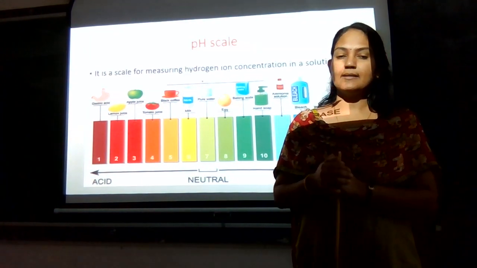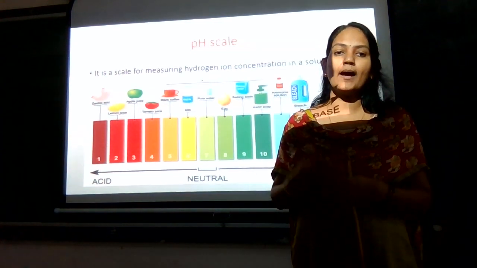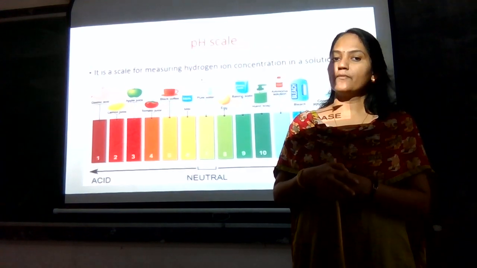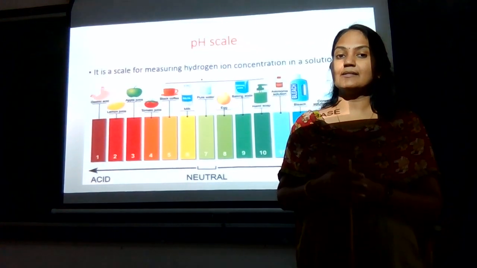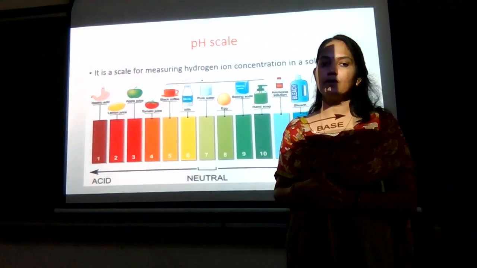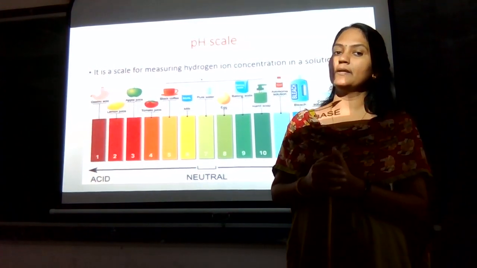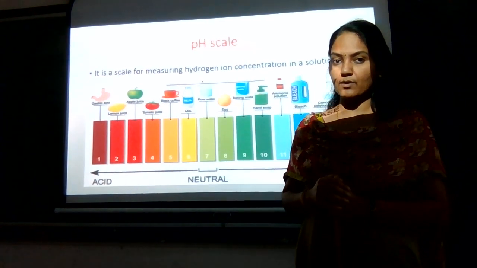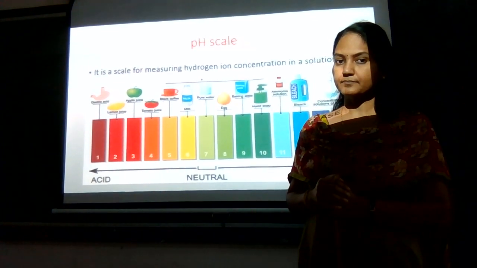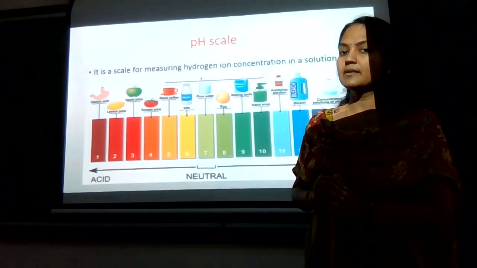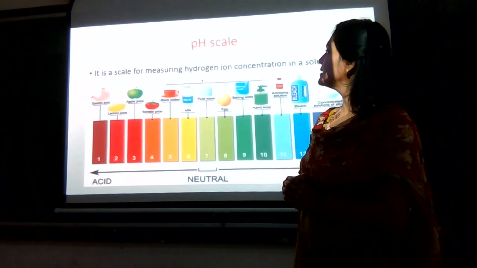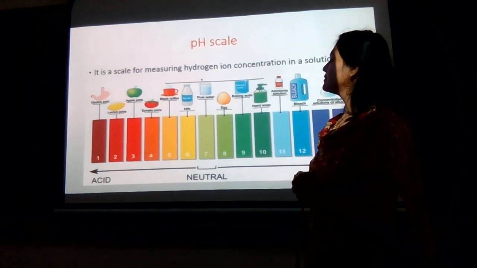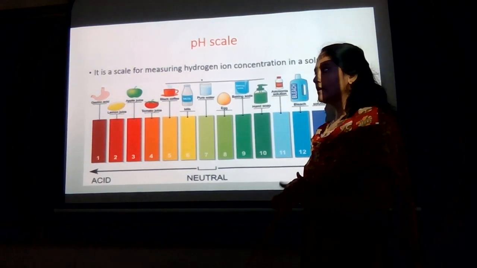Concentrated hydrochloric acid is a strong acid and produces more hydrogen ion concentration, whereas acetic acid or vinegar, which is a weak acid, contains less hydrogen ion concentration and produces only very few hydrogen ions. So, in order to compare these two solutions, we can make use of the pH scale. It is a scale for measuring hydrogen ion concentration in a solution.